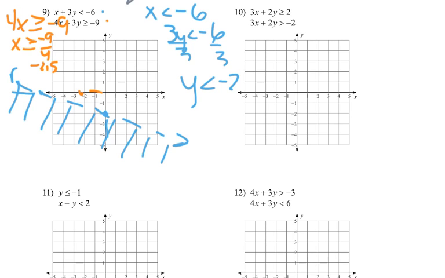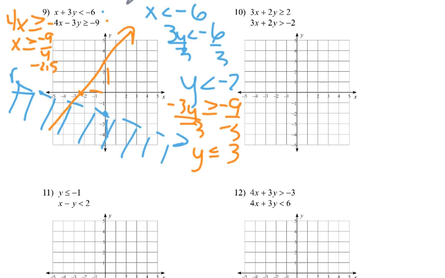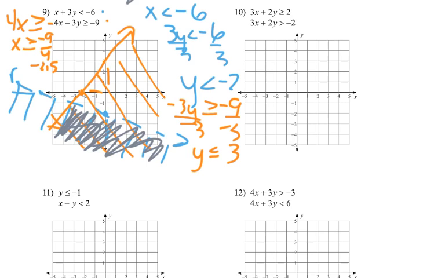Then if we got rid of the x, it would be negative 3y is greater than or equal to negative 9, divided by negative 3. We get y is less than or equal to positive 3. So positive 3, less than or equal to. It's a solid line. Shade right there. Where do they overlap? Right in that zone.